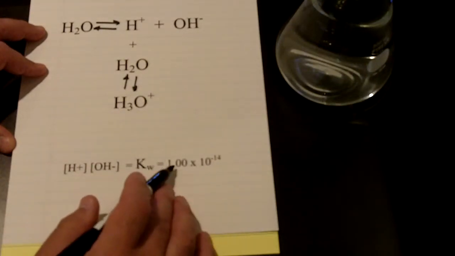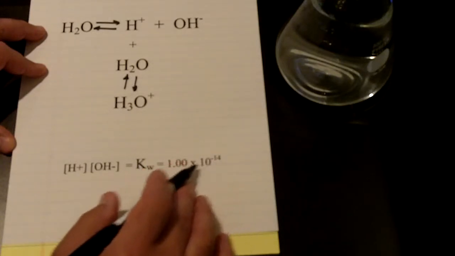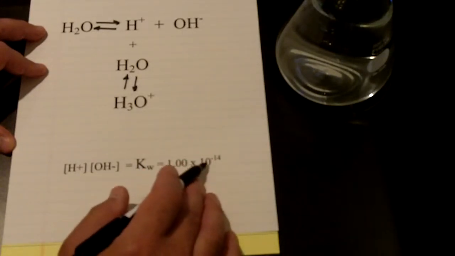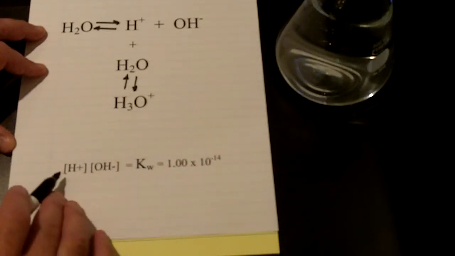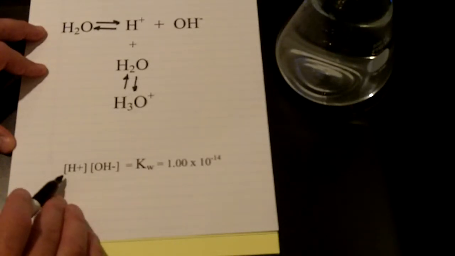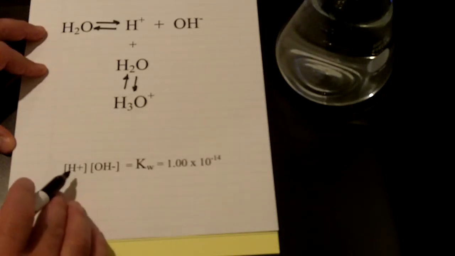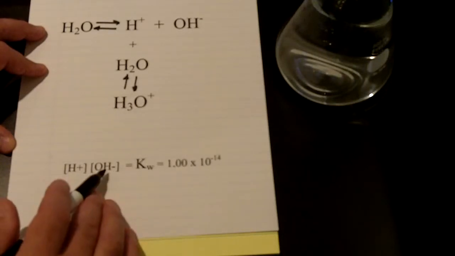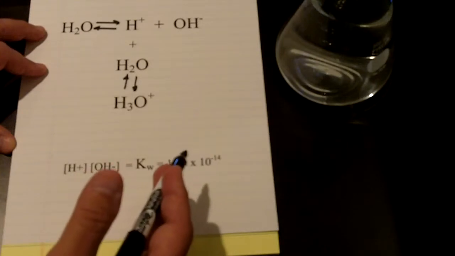And we know what that number is. It's 1.00 times 10^-14. 1.00 times 10^-14 is always the product between [H+] and [OH-]. Now, why is that important? Well, it's important because from this point forward, if we know the hydrogen ion concentration, we know, or can figure out, the hydroxide ion concentration, and vice versa with a little bit of algebra.